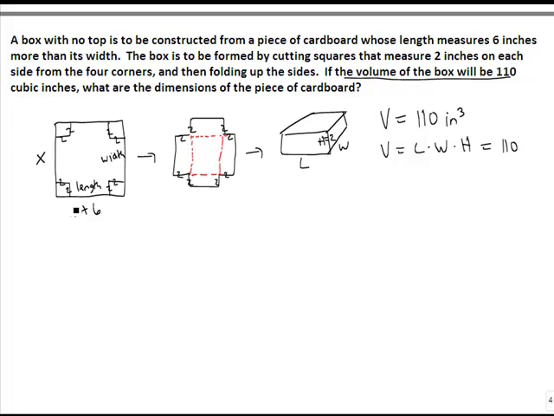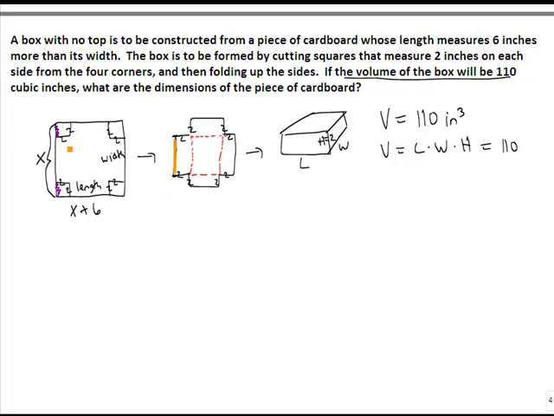So to get our length, or let's start with our width. To get our width, we're going to start with this initial length here, which is what was x originally. And the new width comes from the width from here to here. So what did we do? We cut off this little length and this little length, and what we're left with is this new width right here.